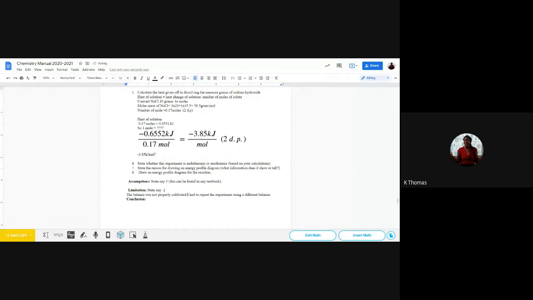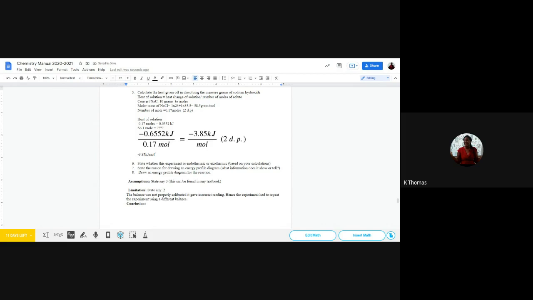Oh wait, you're not supposed to write I. The balance was not properly calibrated, so I'm fixing it up now. So it gave incorrect readings. Hence, the experiment had to be repeated using a different balance.